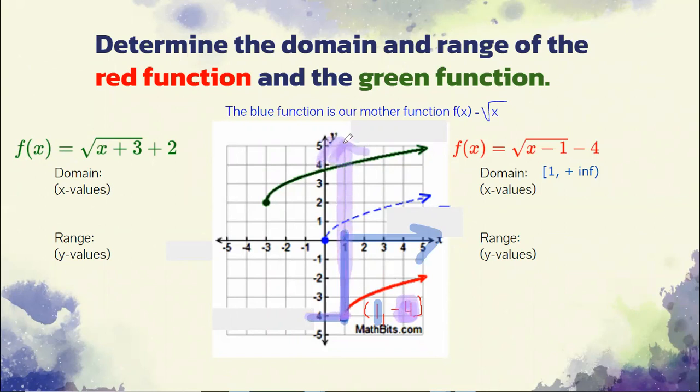Since my graph is slowly increasing with that curve, it will slowly continue to grow. So my range is going to start at negative 4 and continue all the way to positive infinity. Again, we're going to include negative 4 because that's part of my locator point, and it's going to go all the way towards positive infinity.